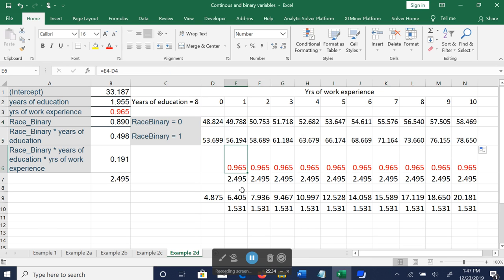And if we want to see for these two racial groups with 8 years of schooling, if they acquire additional years of work experience, how would their income change? We just plug in the formula. We subtract this from this to get this, and this corresponds to these coefficients. And if we copy the formula over, we find out that they are all the same.